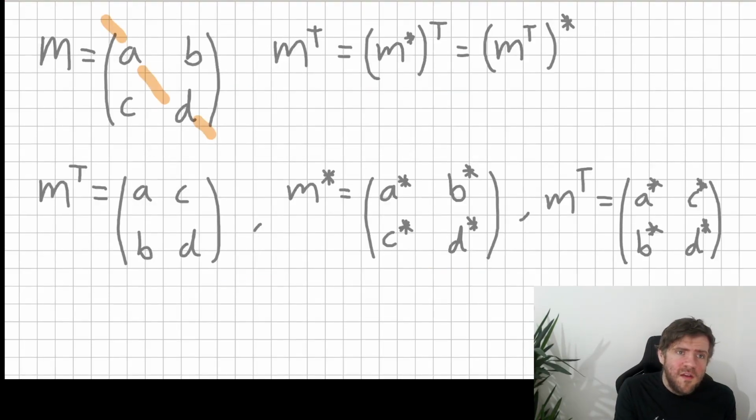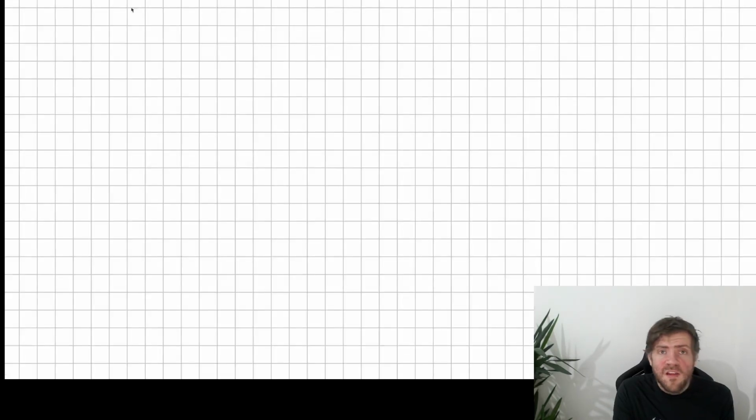Now, let's talk about two specific classes of matrix which are defined in relation to the hermitian conjugate. One of these classes of matrices is the class for which multiplying the matrix by its hermitian conjugate gives us the identity.